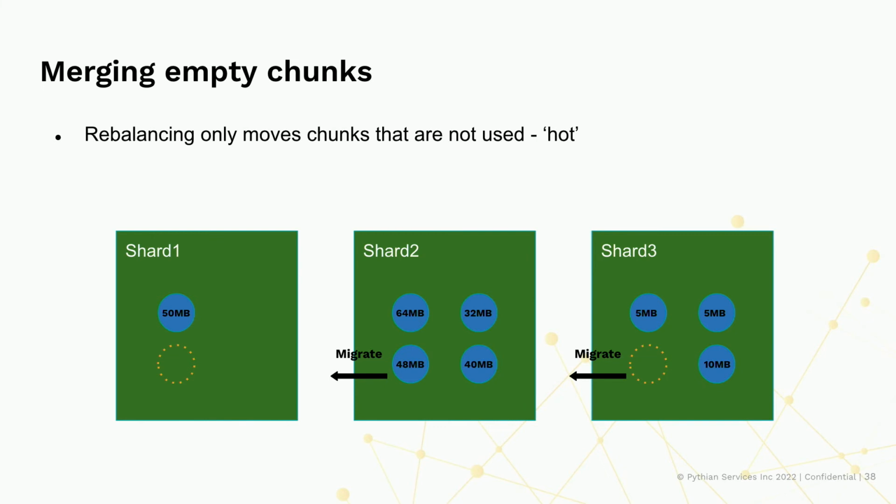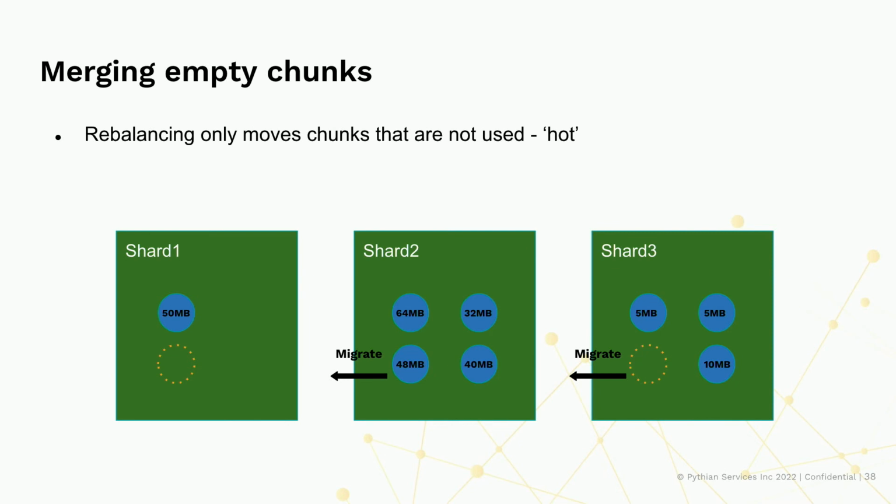So what might happen in this example is that instead of the 48 megabyte chunk moved there and having some data distribution, you might have another empty chunk from elsewhere being moved, and you don't really have a data distribution, but you end up again with just an equal number of chunks across the cluster, and that's all.